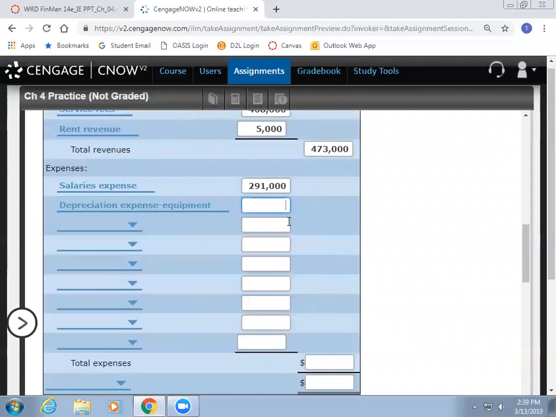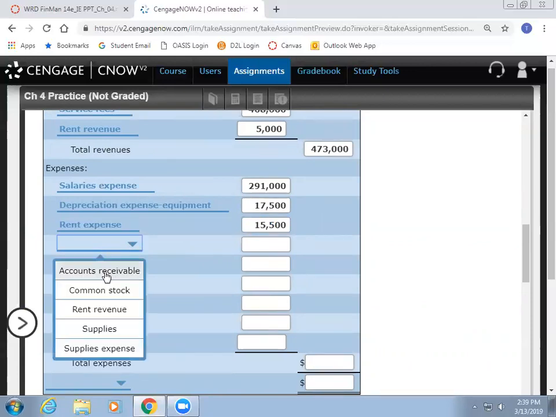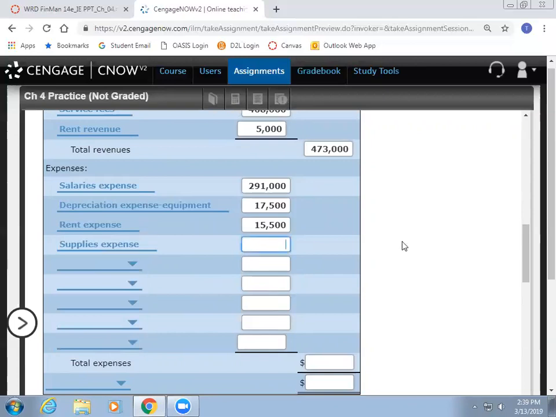Depreciation expense on the equipment is $17,500. Rent expense is $15,500. Then we have supplies expense, which was $9,000.